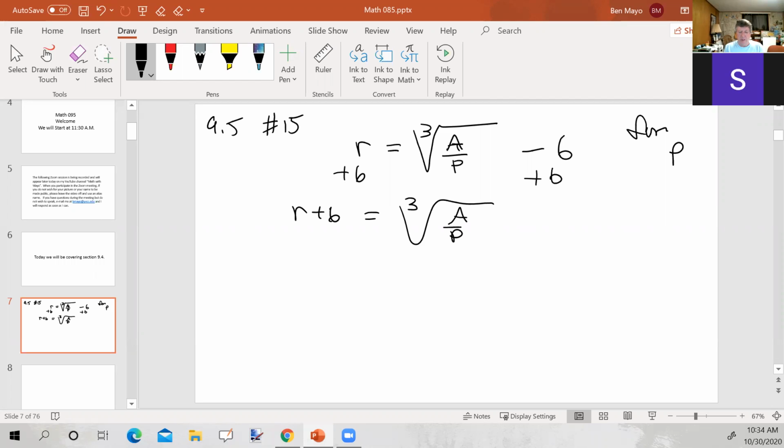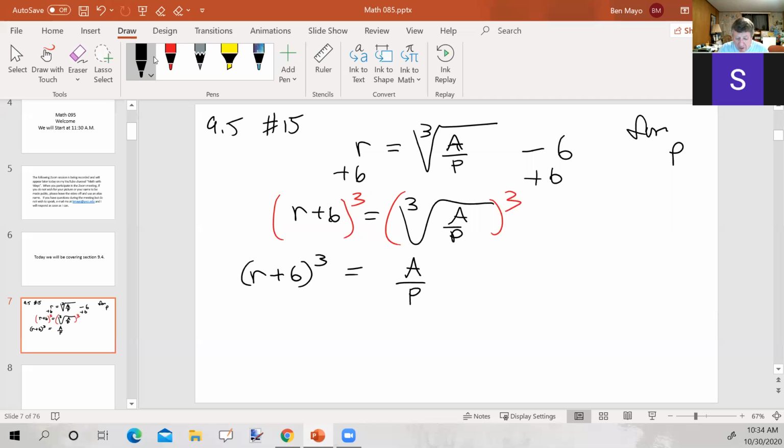All right. Now I'm going to cube both sides of the equation. On the left side, I'll get R plus 6, the quantity cubed. On the right side of the equation, I'll get A divided by P. Any questions so far?